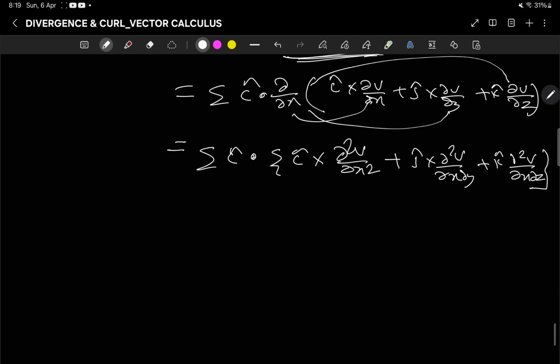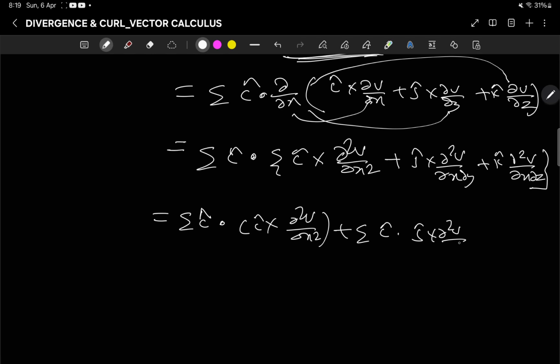Okay, now you separate them out. So this is equal to summation of i dot i cross del square v by del x square plus summation of i dot j cross del square v by del x del y plus summation of i dot k cross del square v by del x del z.